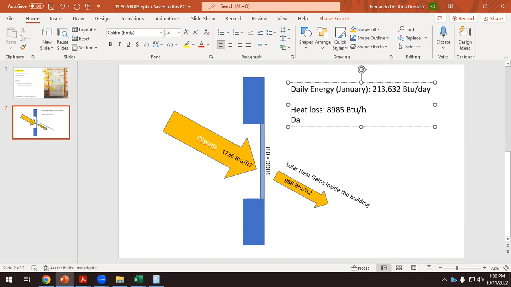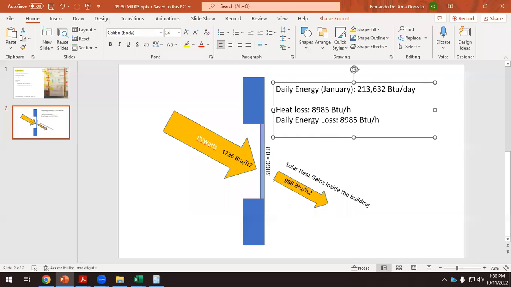What's the daily energy loss? The daily energy loss is 8,985. And now we have to multiply this by times, because here we have BTU, and here we have BTU divided by hour. So how many hours do we have in one day? 24, yes. If things don't change, we have 24 hours a day.